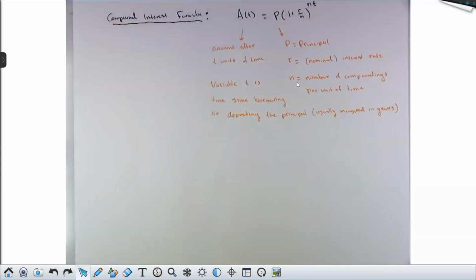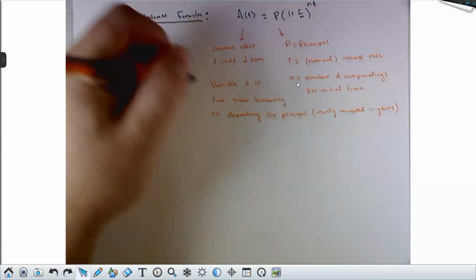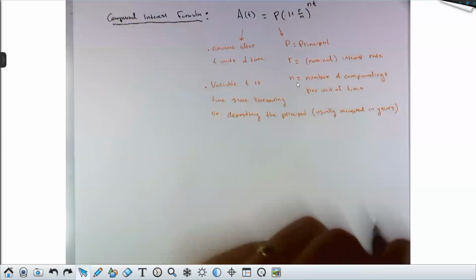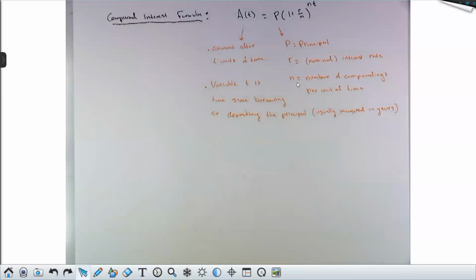But sometimes measured in other units. So here's how this works. If I tell you I'm going to borrow $1,000 at the nominal interest rate of 5%, compounded monthly, then I would plug in 1,000 for P. What did I say, 5%, so 0.05 for r.